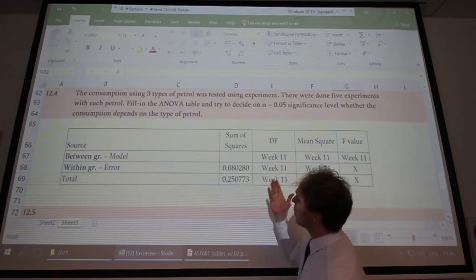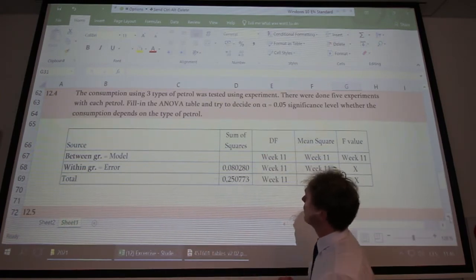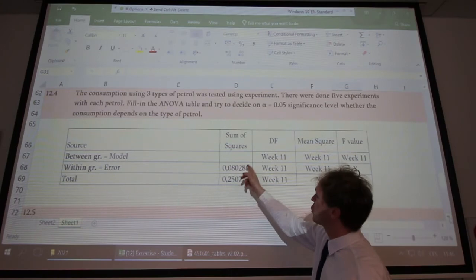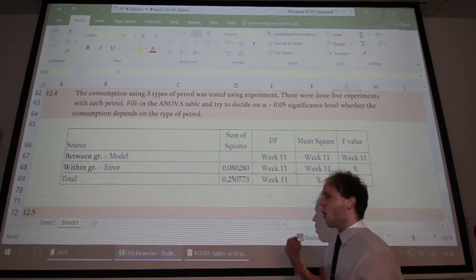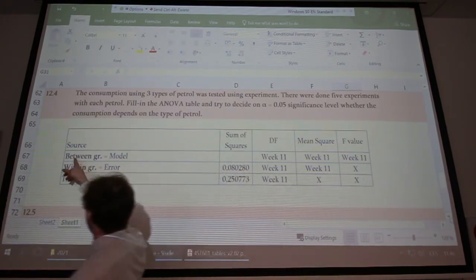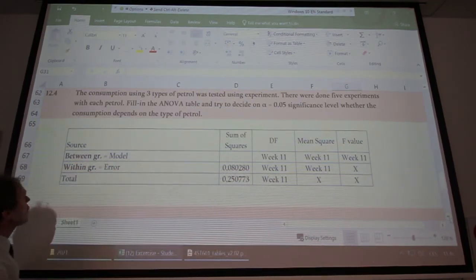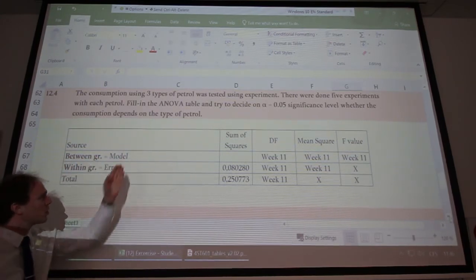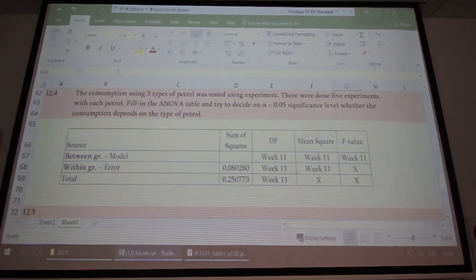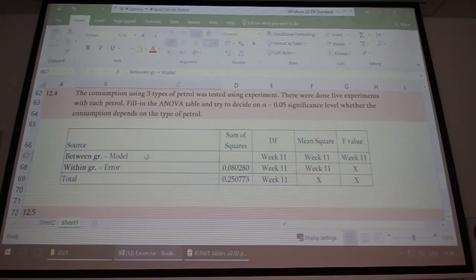If you remember, we had calculated the sum of squares total and the sum of squares error. There is another source of variation, between groups, which can be called model or treatment.